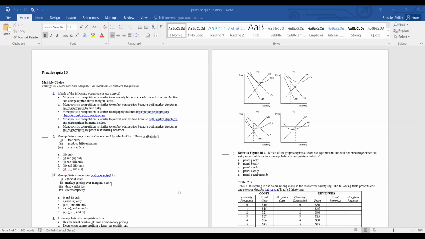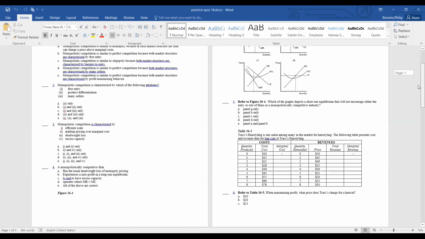So 2 is correct. 3, we have deadweight loss. 4, we have excess capacity. So it'd be 2, 3, and 4. Did that make sense to you, Kyle? Yeah, I just got mixed up on the efficient scale. I forgot what that meant. Okay. That's just another way of saying productively efficient.